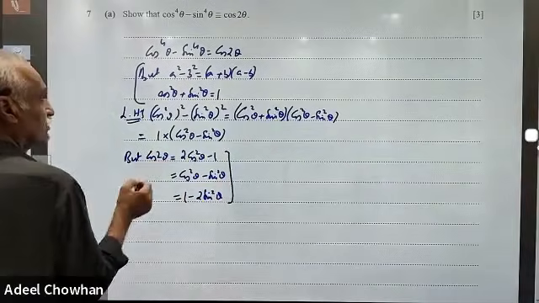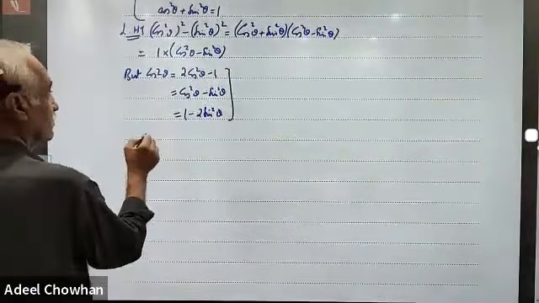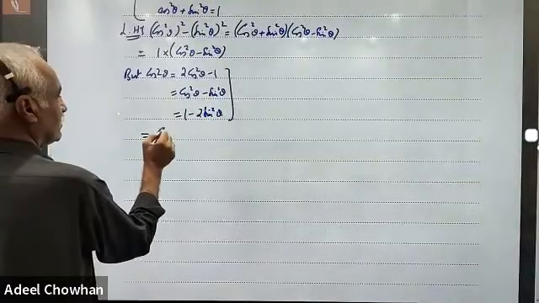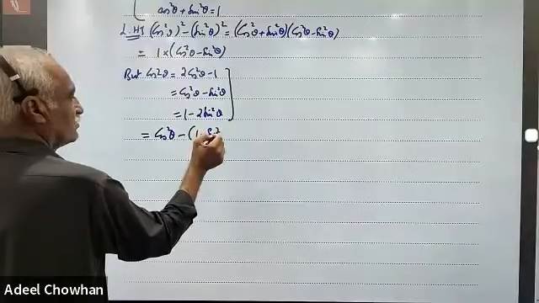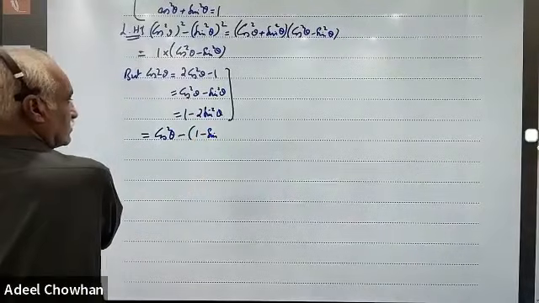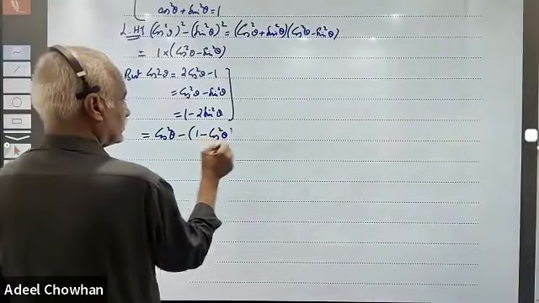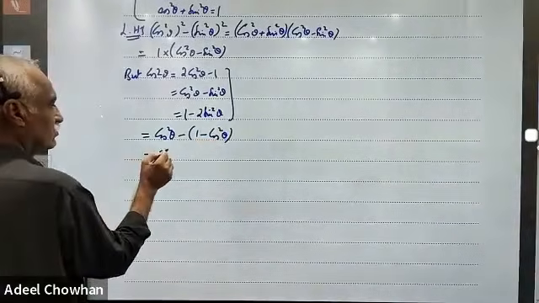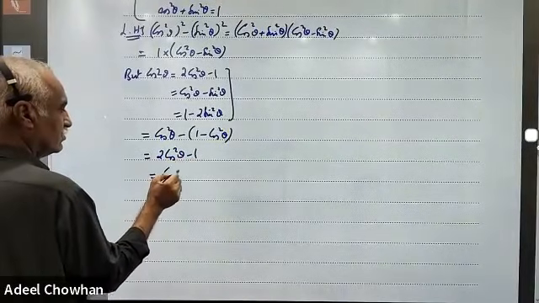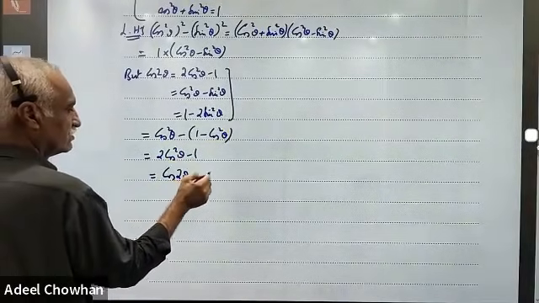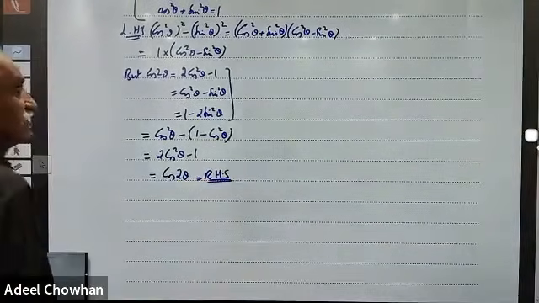But here we are going to use this portion as there is no cos in this minus sin square. We can use it as 1 minus cos square theta. So it should be equal to 2 cos square theta minus 1, and that is equal to cos of 2 theta. That is the right hand side of this expression there.